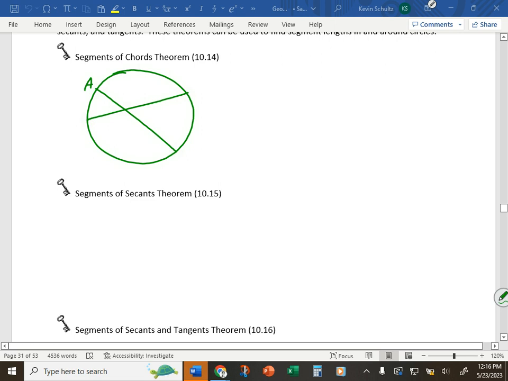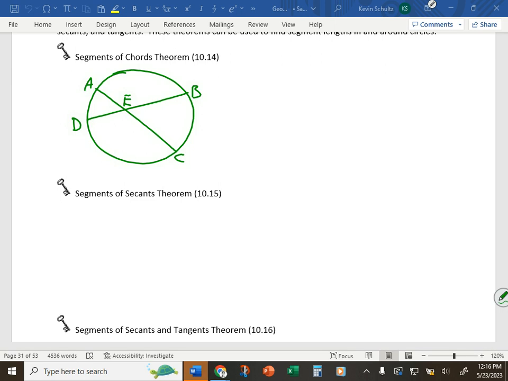If this is A, B, C, D, and E, the relationship that we came up with was that the product of AE and EC, so if you look at chord AC going through the circle, the part AE times the part EC, is equal to the product of DE and EB. If you look at chord DB, again, it's the part that is DE and the part that is EB.